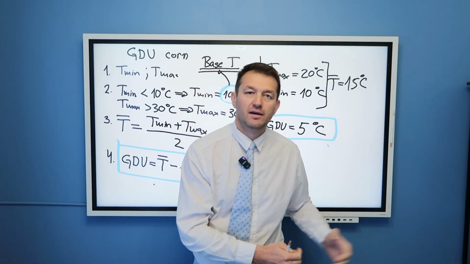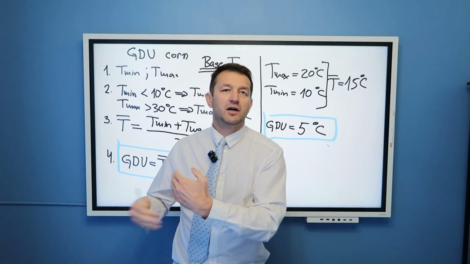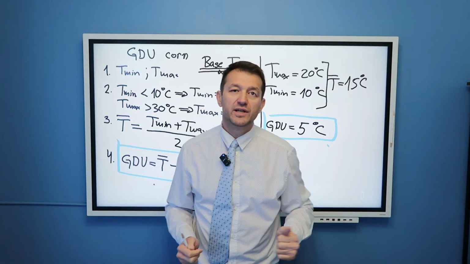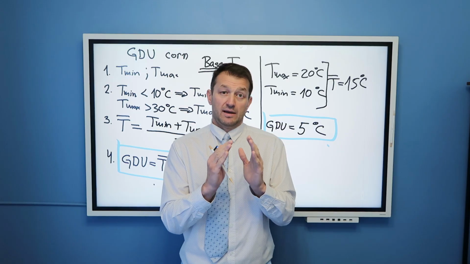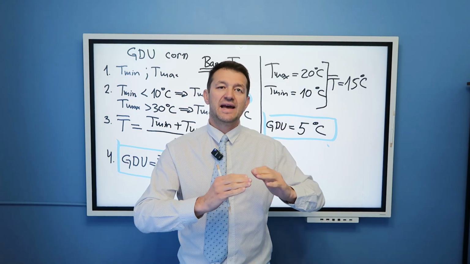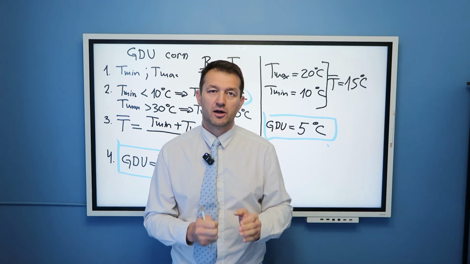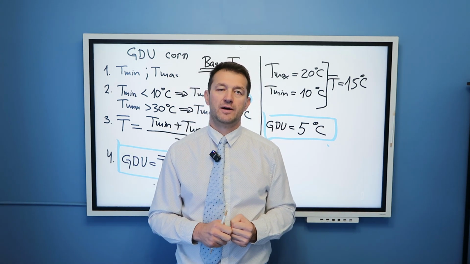Either start seeding or do first cultivation action of this type. When growing degree units reach this value, do this, do that. So farmers can make decisions what is the best action for their crop based on the accumulated value of growing degree units.